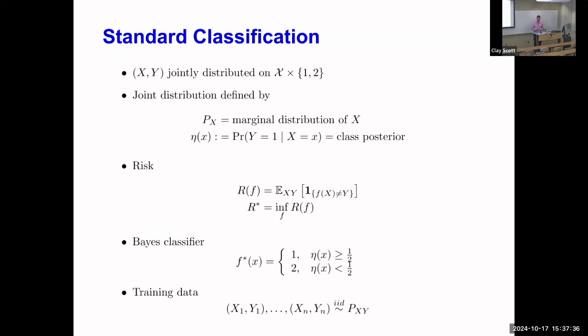The typical setup is we have a feature vector X and a label Y that are jointly distributed.